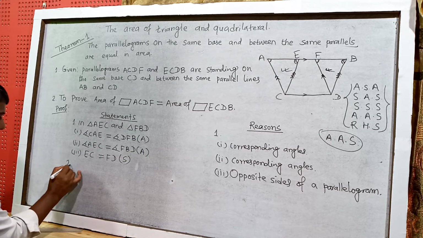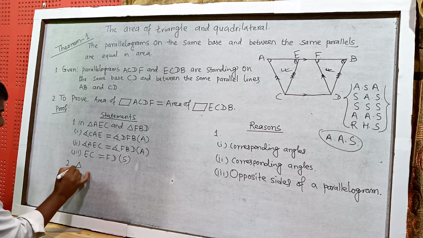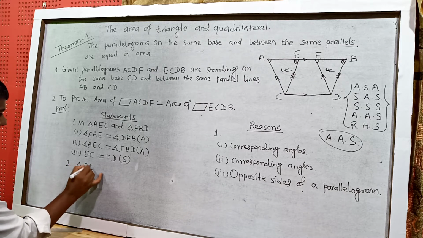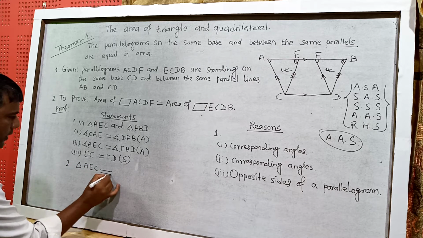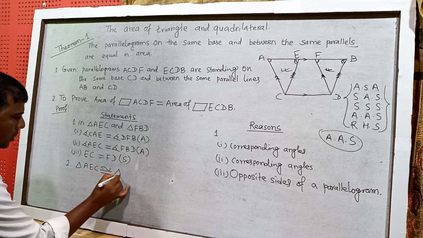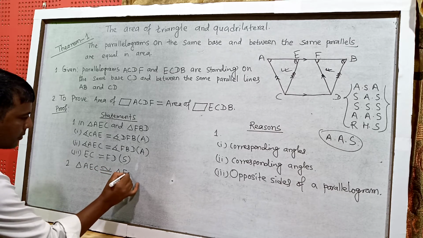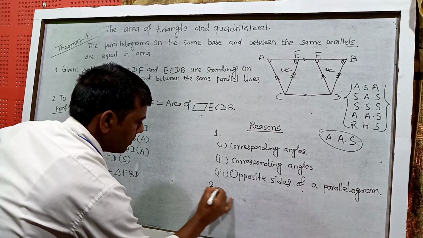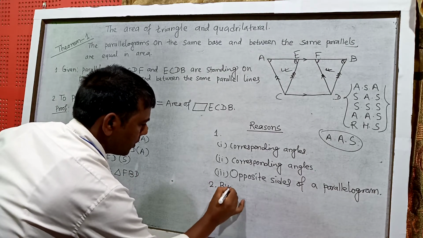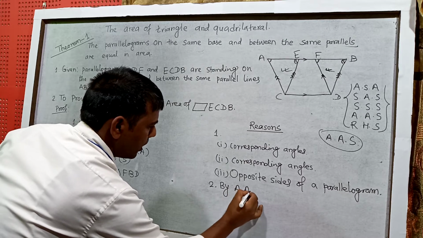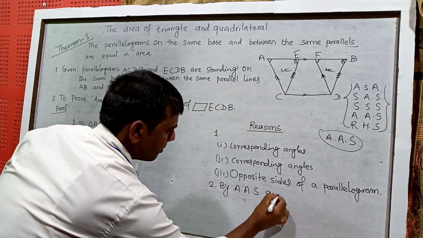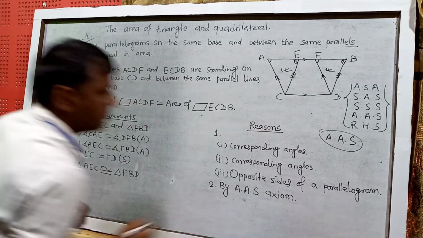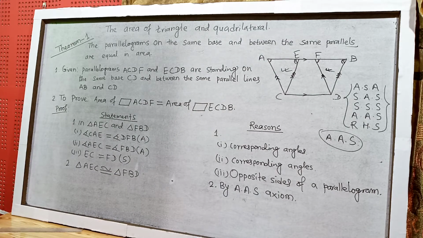So let's write triangle AEC congruent to triangle FBD by angle side axiom. By this axiom, the triangles become congruent.